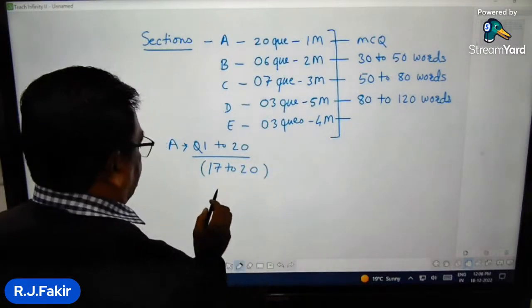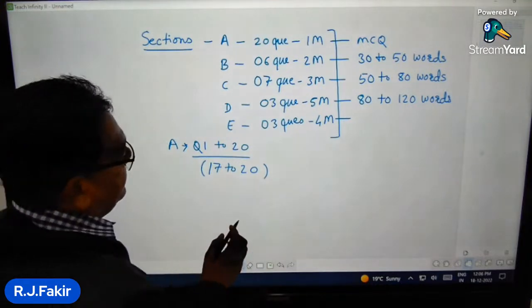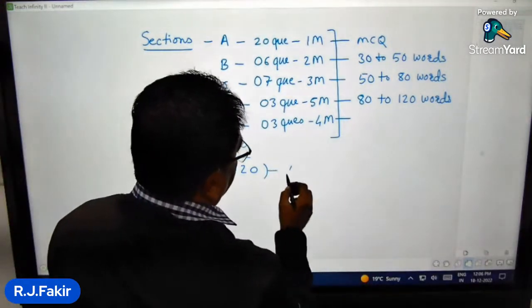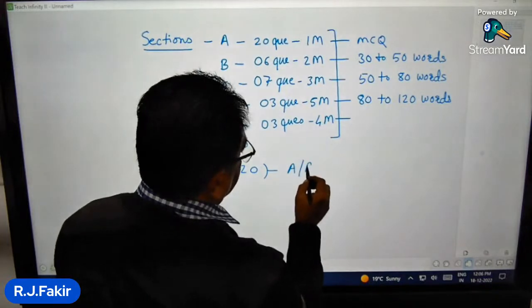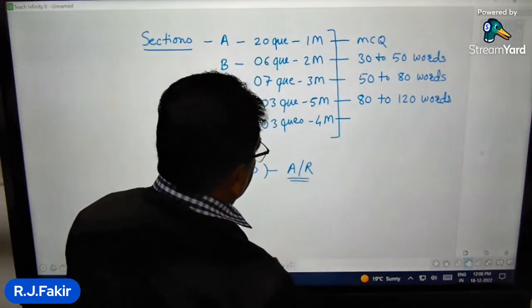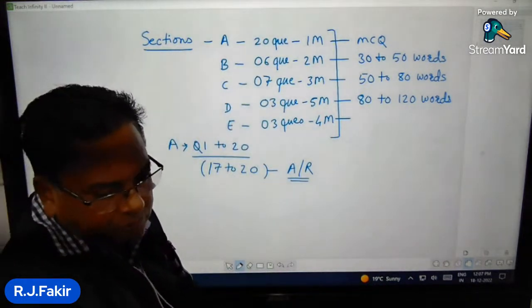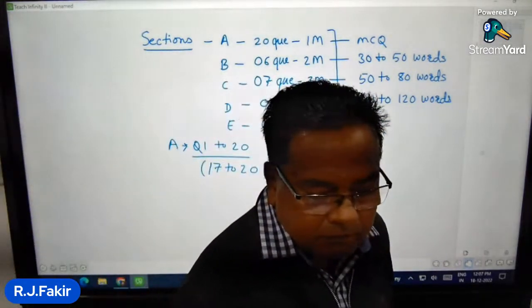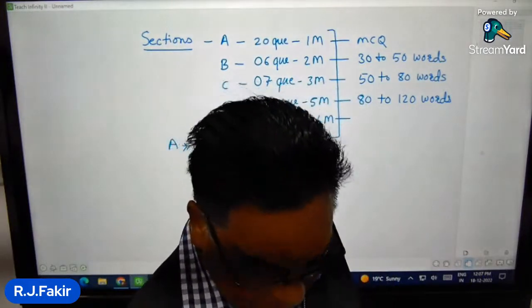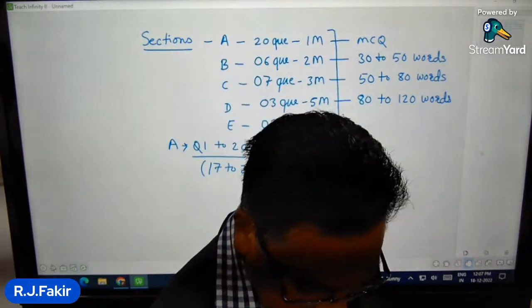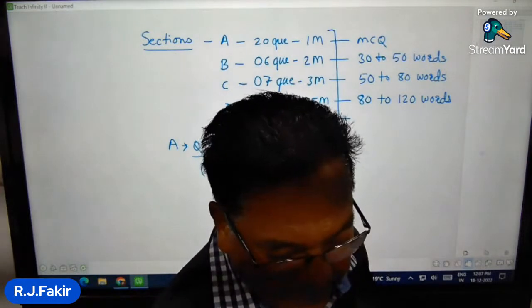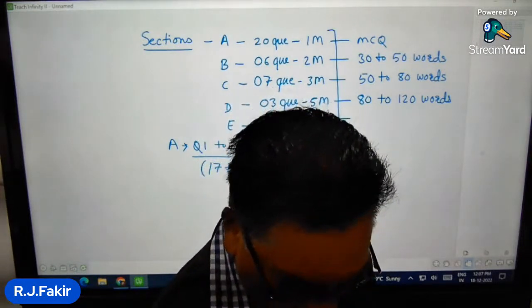These four questions, 17, 18, 19 and 20, will be of assertion and reasoning type. That means two statements will be given to you, and out of that you will be given some options. You might have tried such kind of questions.